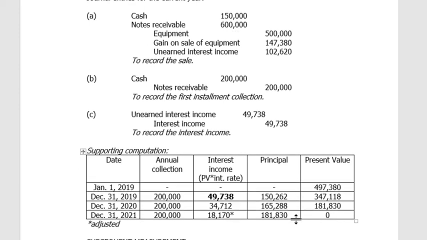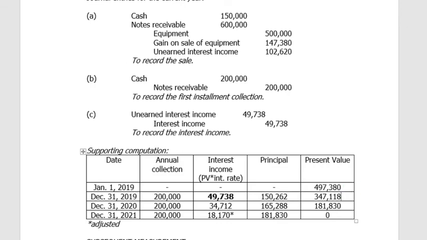given data? So, since binigyan ka ng effective interest and the present value, you have to compute for the recognition of the interest income. For January 1, 2019, doon mo binili yung item. So, ang present value niyan, kanina na-compute natin 497,380.